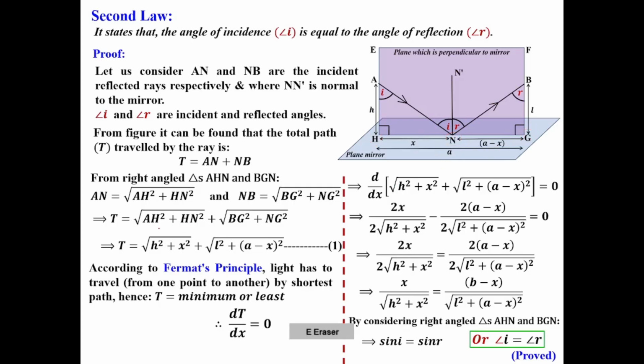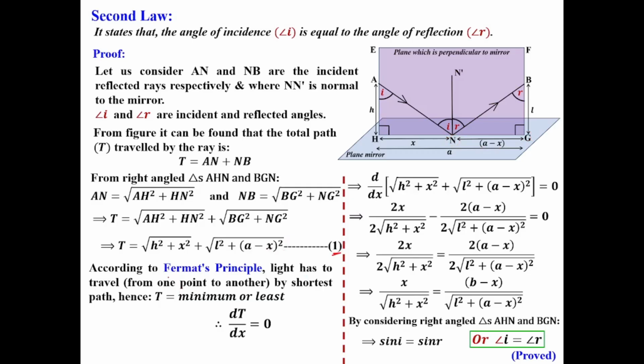So here instead of AH I have written h, instead of HN the value is x, and BG, here B to G, is considered as l, small l. So instead of BG I wrote l square plus NG square, where the N to G value is a minus x, so (a minus x) square. Let this be your equation number 1.